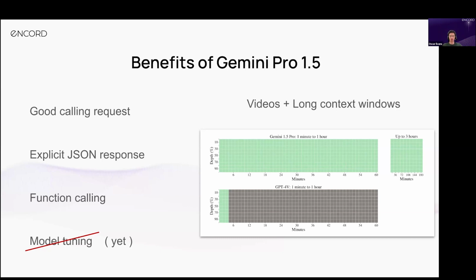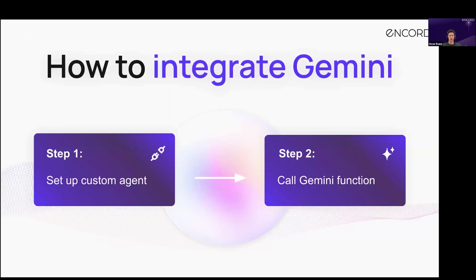Cool. So we've focused in on Gemini and why we're interested in a data curation or annotation case, and maybe then we want to think about how in Encord we can integrate Gemini and actually see some results. We at Encord have these new custom agents, which effectively allow you to bring your own action to the platform.